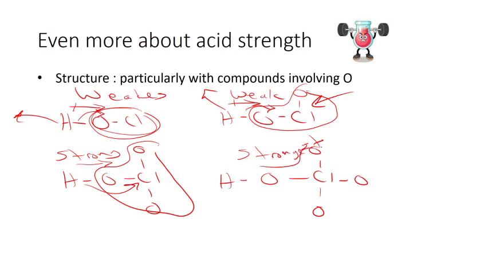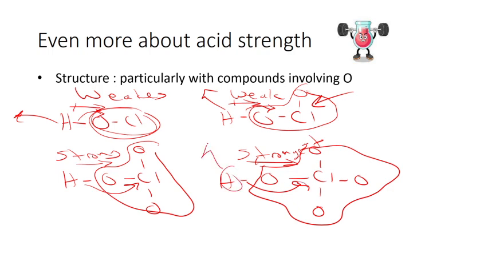And then by the time we get to perchloric acid, there is a lot of highly electronegative stuff pulling on these electrons, which means there's not much electron density on the hydrogen, and these electrons have a lot more places to go, which means this H is very likely to leave.